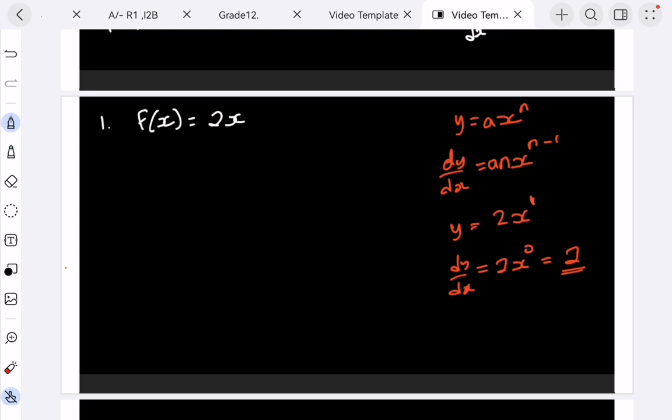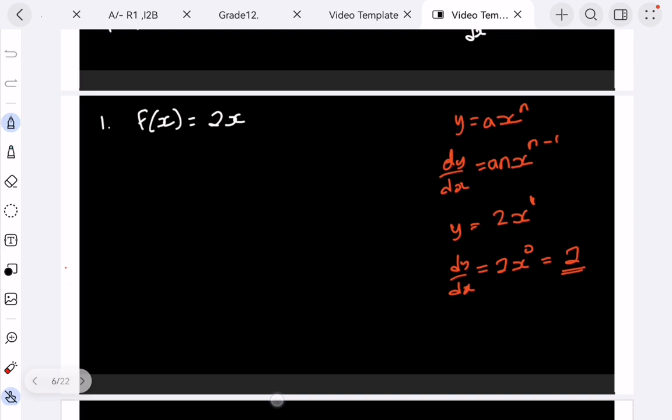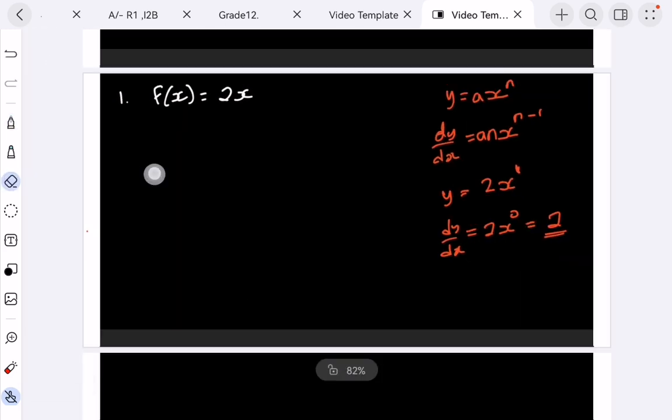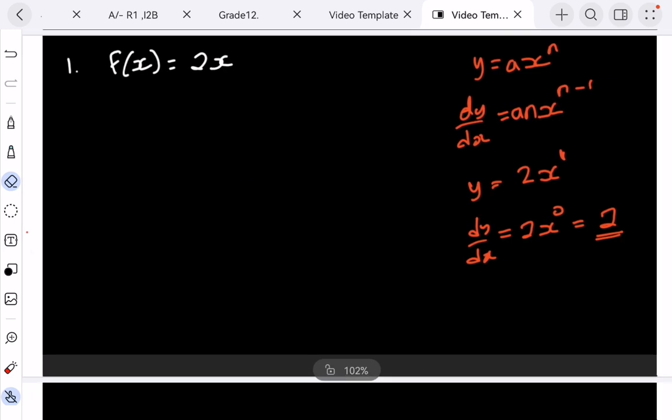So what do they mean when they say f of x plus h? So we start here. So always start with the formula.